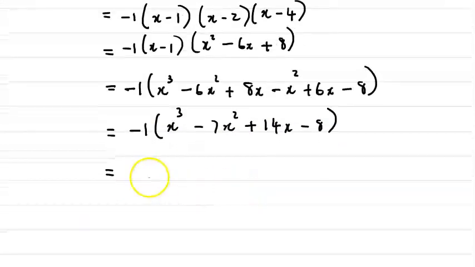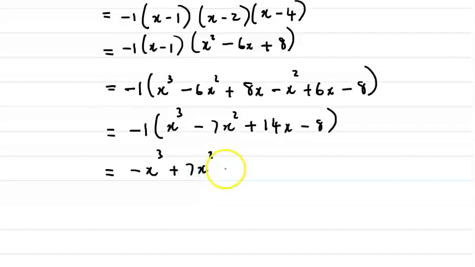Now we can take minus 1 into the brackets, which gives us minus x cubed plus 7x squared minus 14x and plus 8. So what can we now conclude?